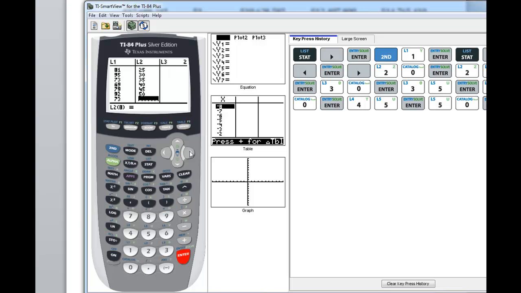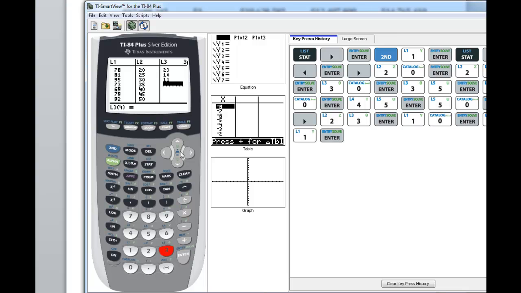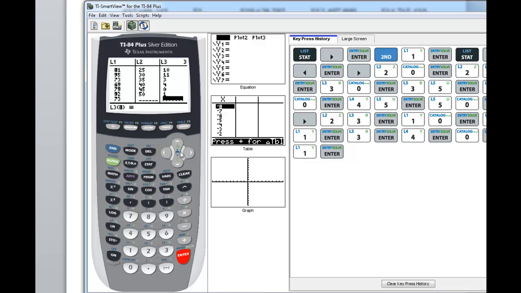Yes? Okay, good. All right, and then in the second list, I'm going to put my frequencies. So we'll arrow over to that list and put in the frequencies. Make sure they match up with the class midpoints. So I got 23, 10, 11, 3, 4, 0, 1.